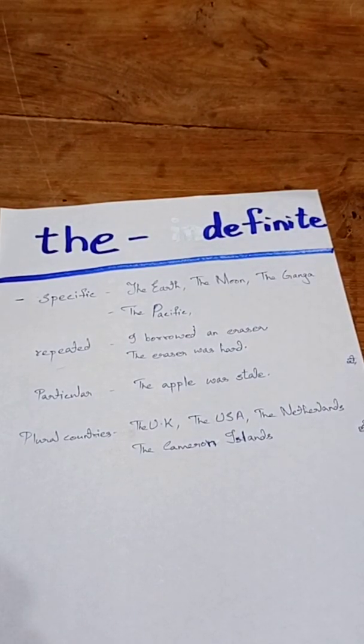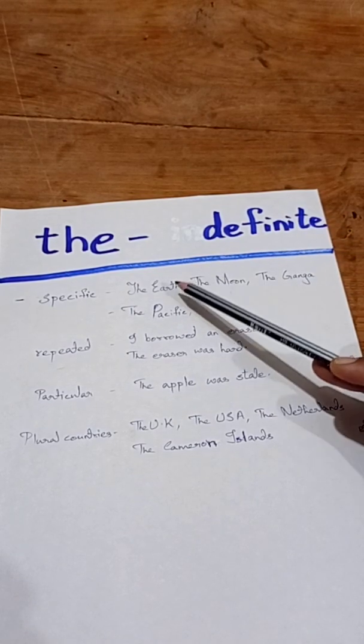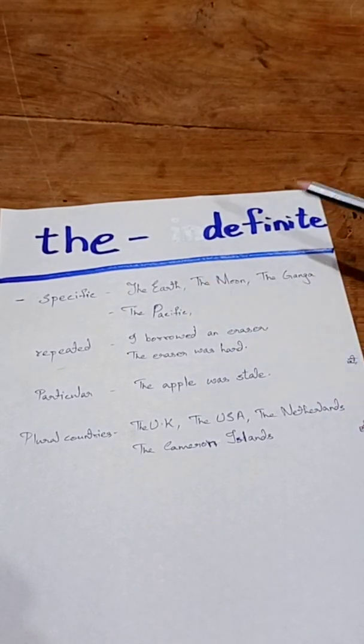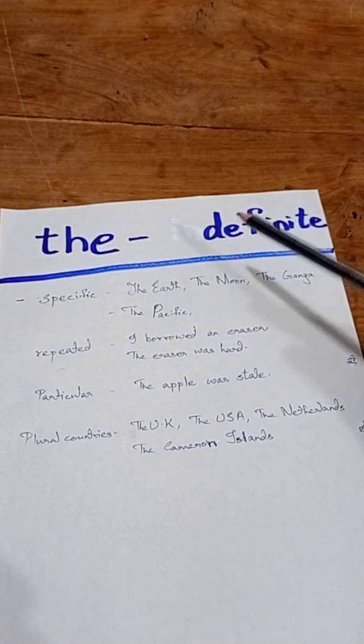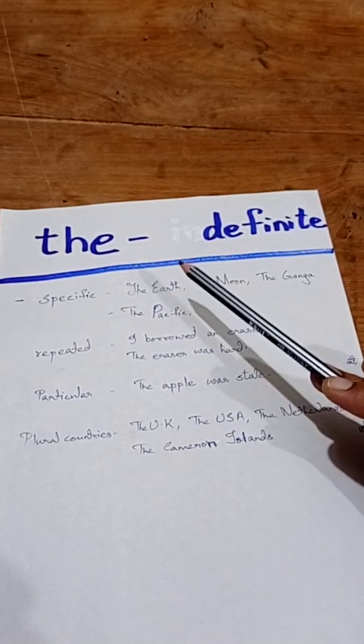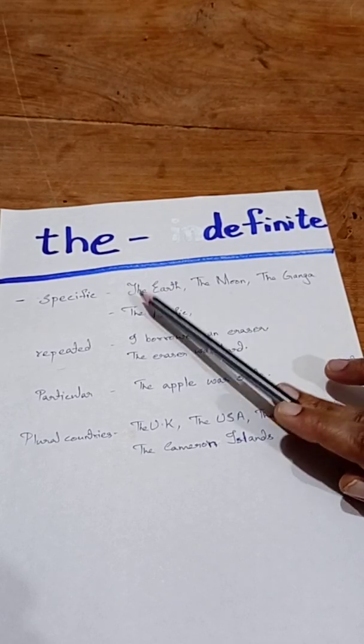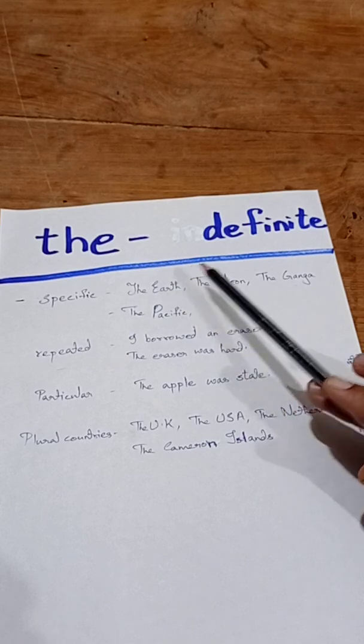They are very unique. Okay? There are many planets, but with the name of the earth, you are referring to a particular planet named earth. So, the is used in front of this.